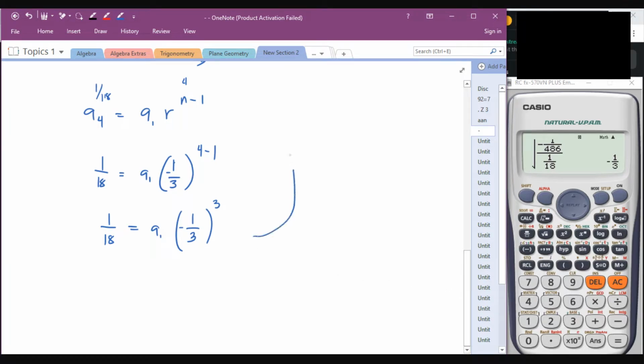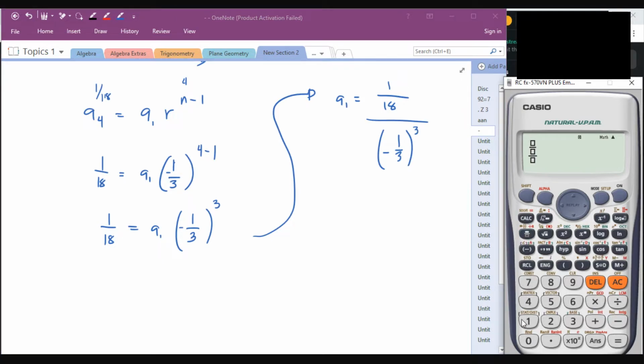So, going here, A1 is equal to 1 over 18 divided by negative 1 over 3 raised to 3. So, A1 is 1 over 18 divided by negative 1 over 3 raised to the third power.